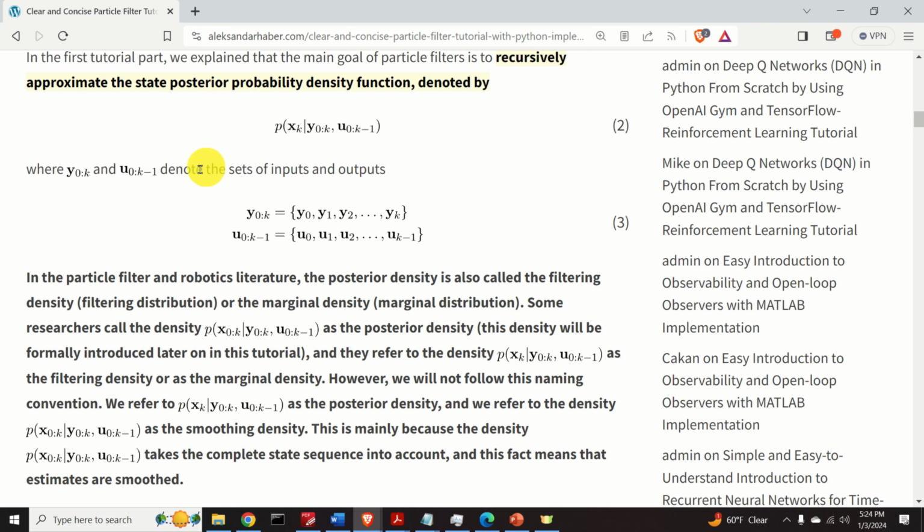However, we will not follow this naming convention. We refer to this density as the posterior density, and we refer to this density as the smoothing density. This is mainly because the density, denoted like this, takes the complete state sequence into account. And this fact means that estimates are actually smoothed.